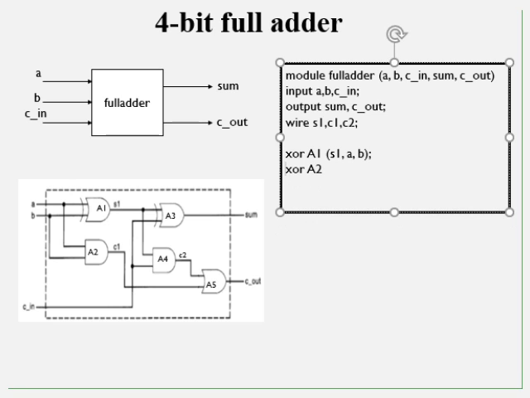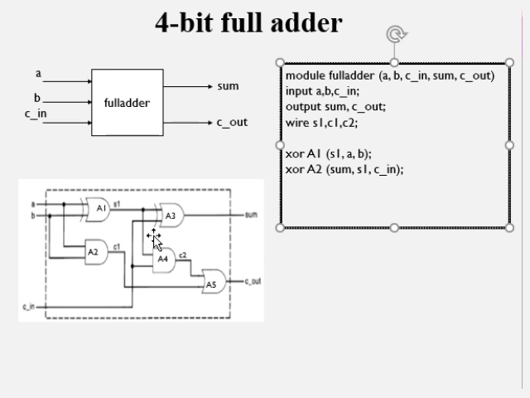Now the second XOR gate, that is A3, the output is the output port sum and the inputs are S1 and C in. So sum, S1, C underscore in.